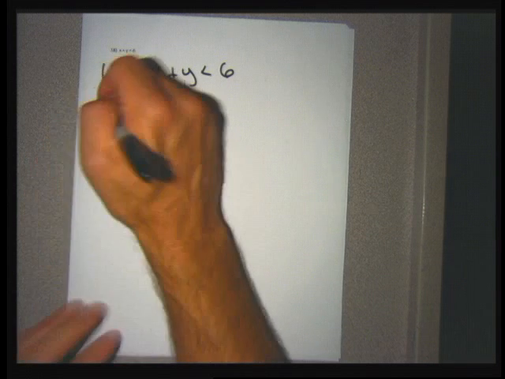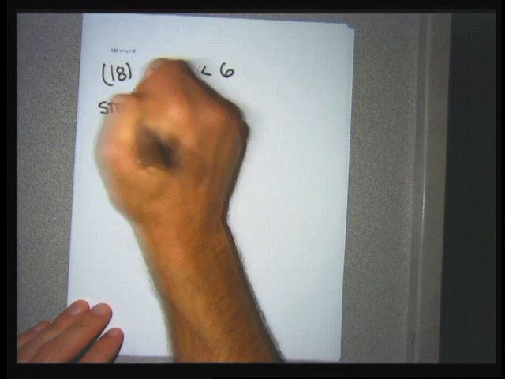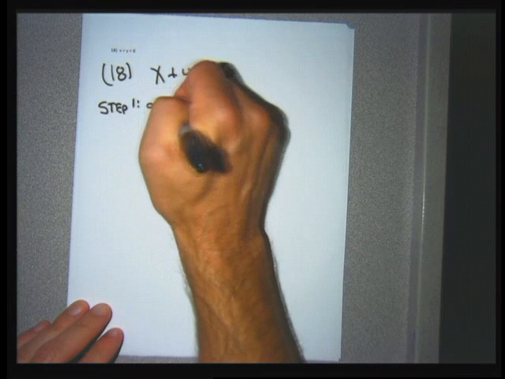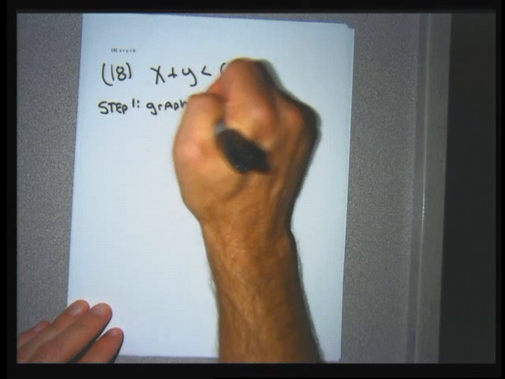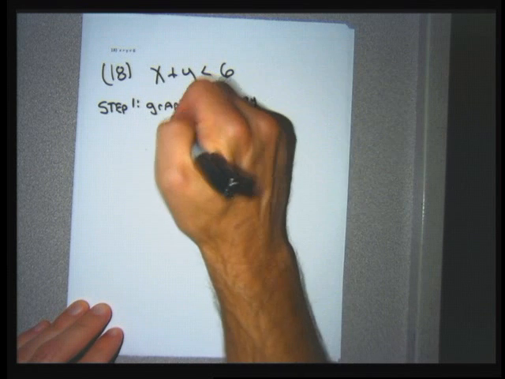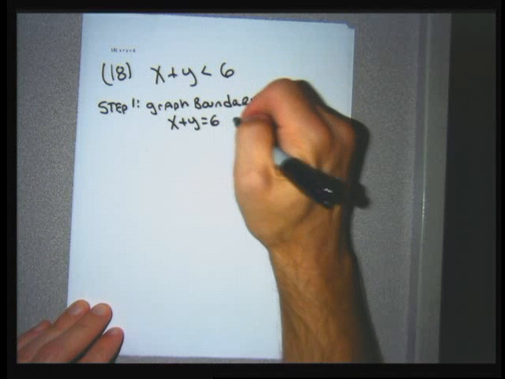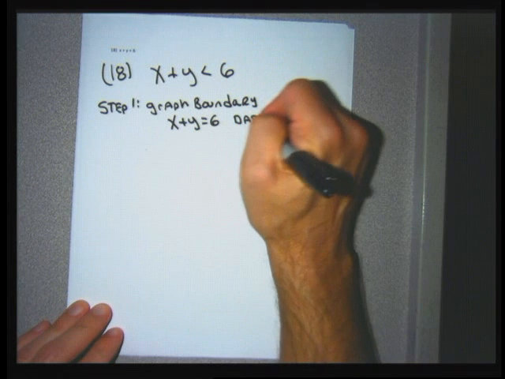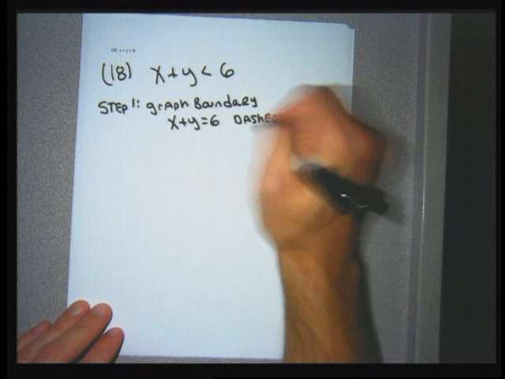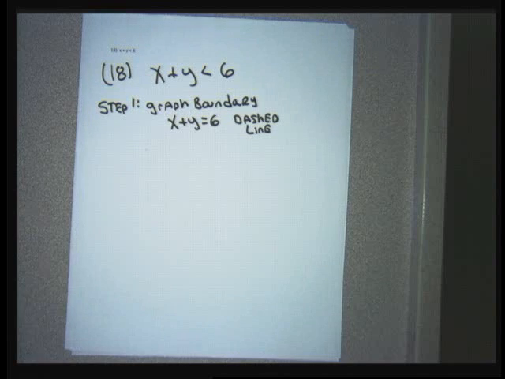So step 1, I'm going to graph the boundary, which is the line x plus y equal to 6. And I'm going to do that graph with a dashed line because the inequality doesn't have the or equal to. And all of a sudden I switched my name from dotted to dashed, and just means it's not a solid line.